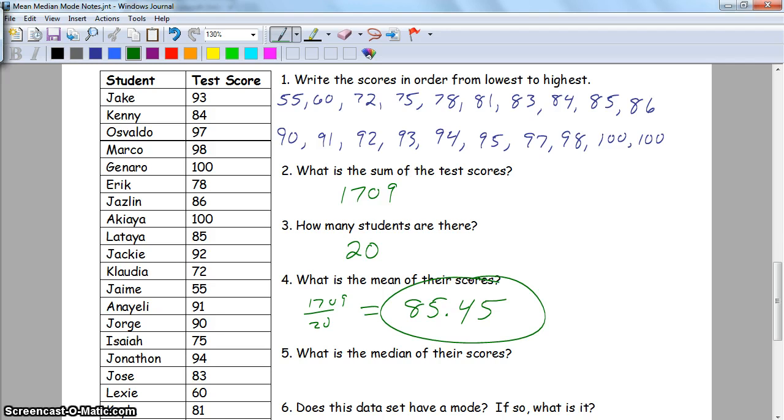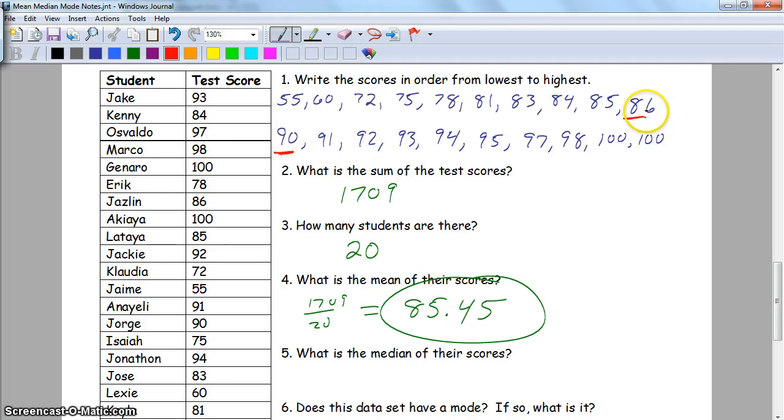The median. Now, the median, there's 20 terms here. Uh-oh, that's an even number, right? So, here's the 10th term. Here's the 11th term. So it's going to be between those two terms. There's 9 on either side of those terms.